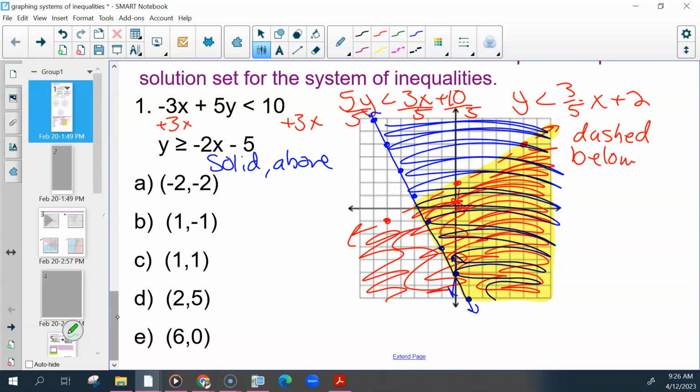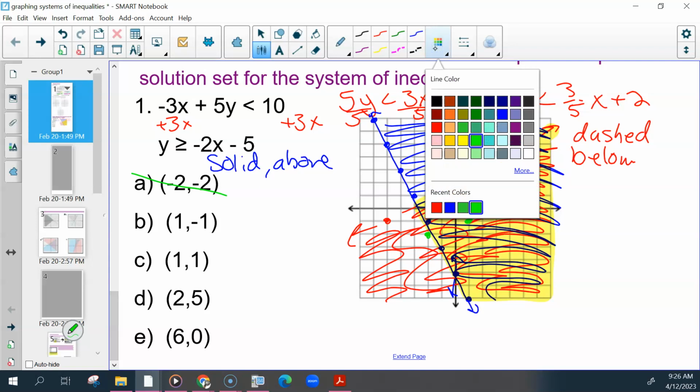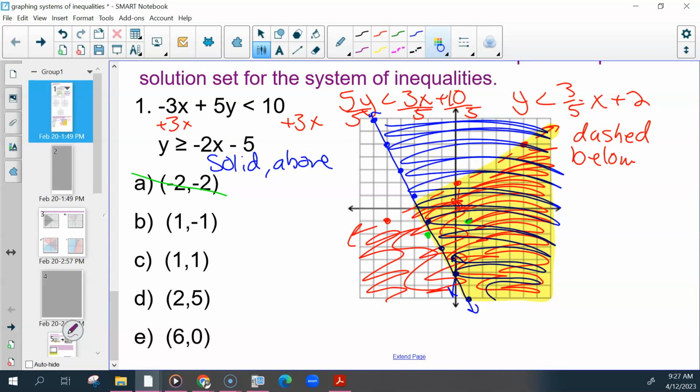So -2, -2. Would that one fall in the shaded area? No, it's right outside. It almost made the cut. 1, -1. Would that be a solution?